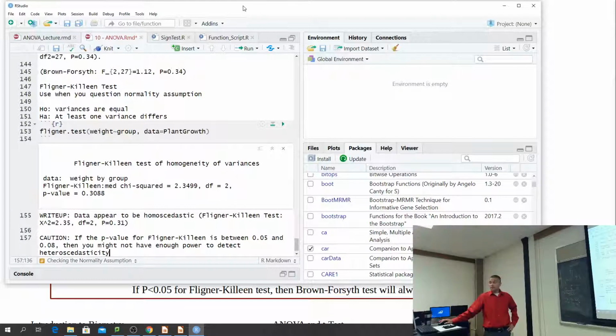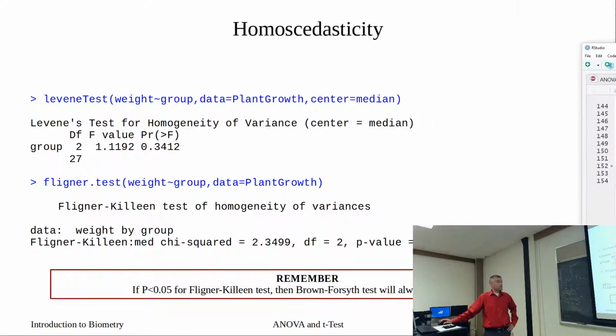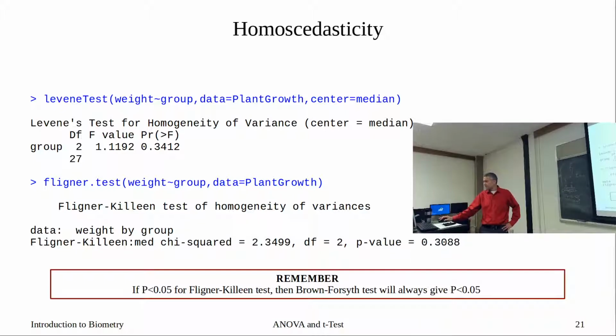All right, questions? Note, and this is why it's in red on this slide, that Fligner-Killeen is a non-parametric test. All right? So it doesn't have as much power as Brown-Forsythe. If Fligner-Killeen finds significance, gives a p-value that's less than 0.05, then Brown-Forsythe will always give a p-value less than 0.05.